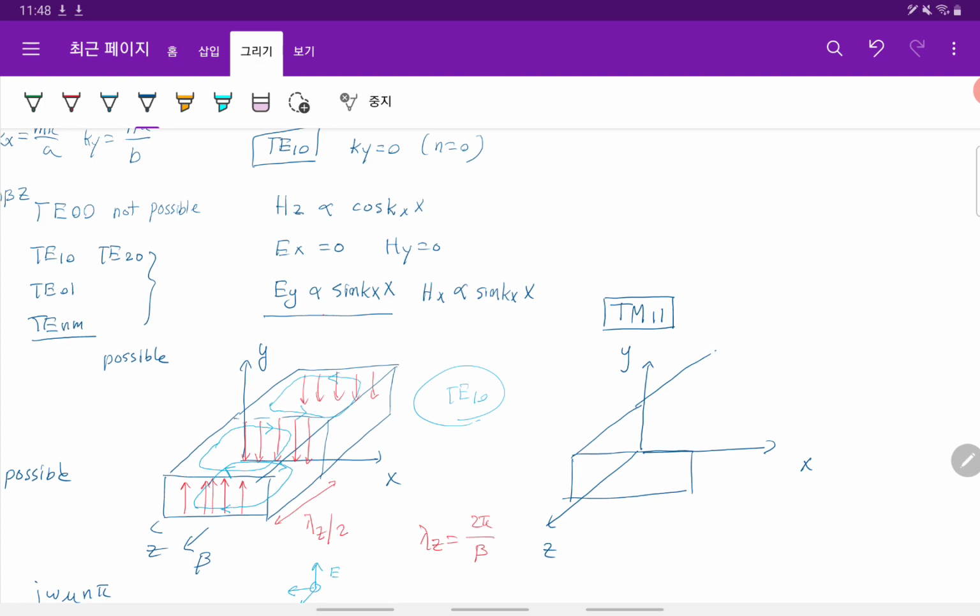So let's say we have this structure. For this, TM is completely different, right? So for the electric field, let's say this is half. The electric field at the edge, at the surface, should be perpendicular. So basically, it looks like this.